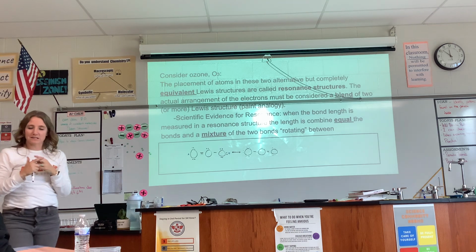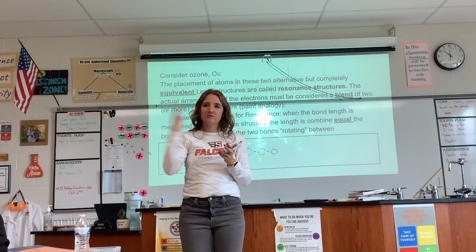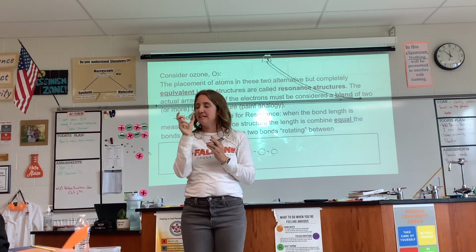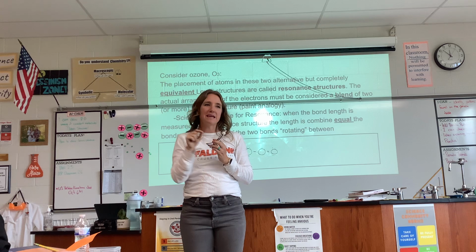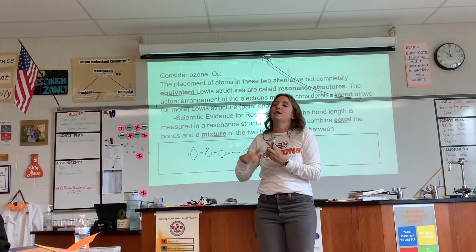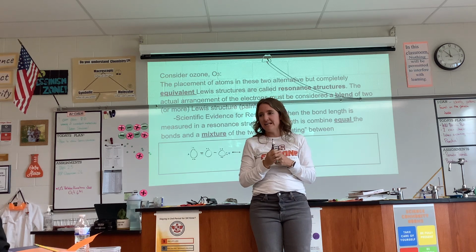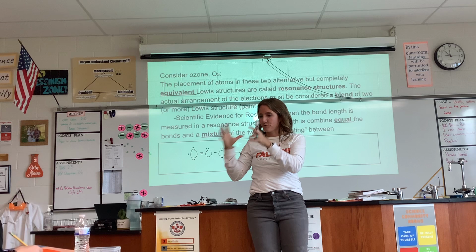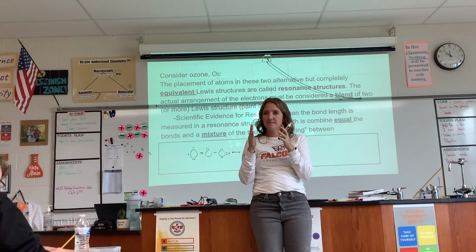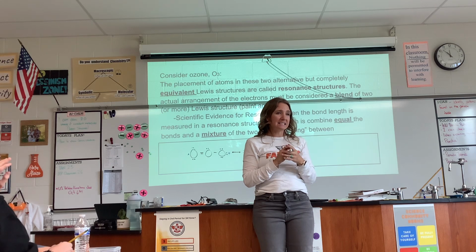So to simplify your life on your homework, you don't have to draw all the structures. You can just draw the resonance arrow underneath your image and then tell me how many structures you would have drawn. So draw a 2 for ozone, saying it would have resonated 2 ways. If it resonates 3 times, put a 3, but that way you don't have to try to fit 3 images in those little boxes. Questions on what resonance is or how I identify it?